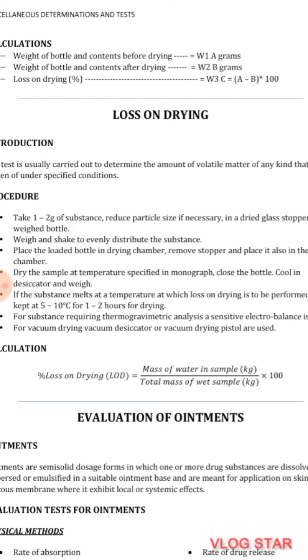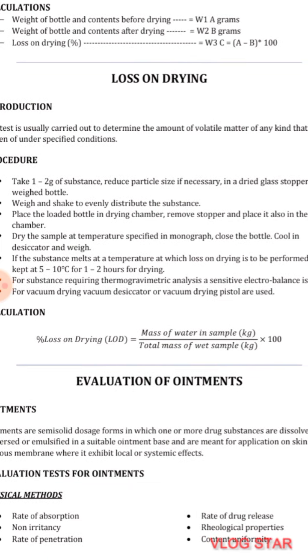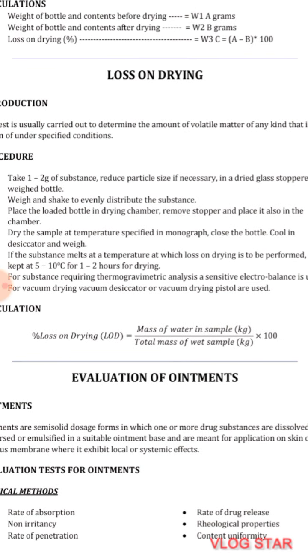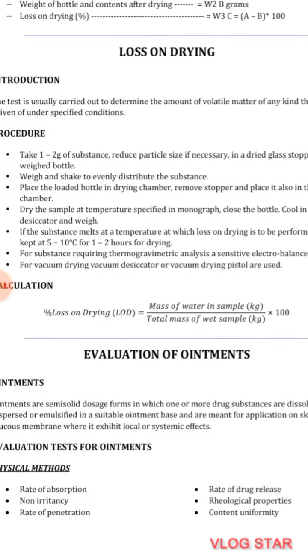Weigh and shake to evenly distribute the substance. Number three is place the loading bottle in the drying chamber and remove the stopper. Meaning you put this compound in a bottle or a container which has a stopper, to drop the water, and then you will find out your product. The fourth point is dry the sample at the temperature specified in the monograph.